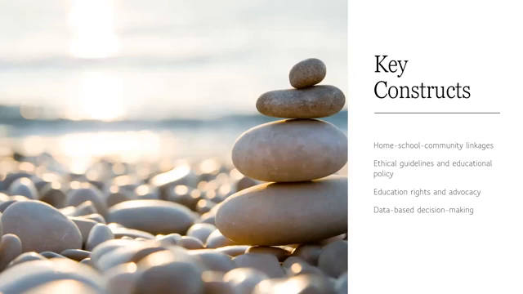Each social work practice is supported by a lot of historical scholarship and research that delineates this specialized, unique form of professional social work. So these are the key constructs that are infused into our practice. The first is the home, school, and community linkages.